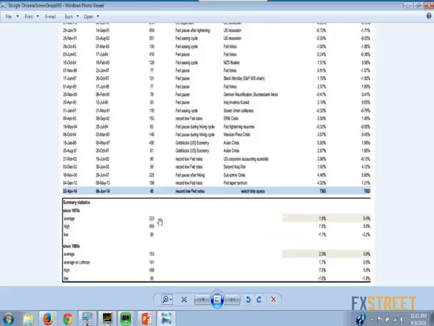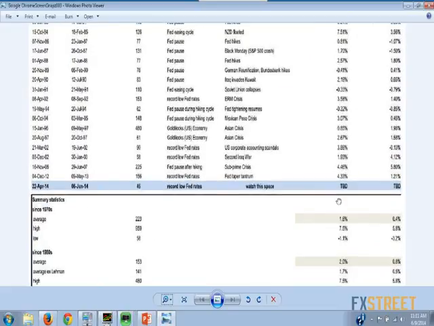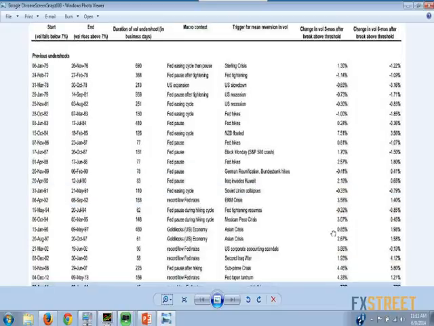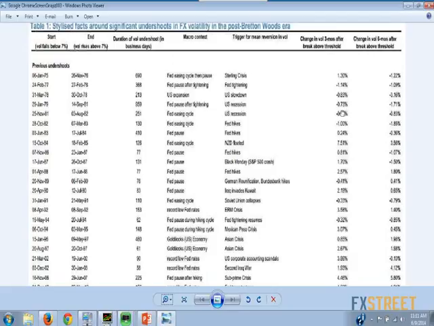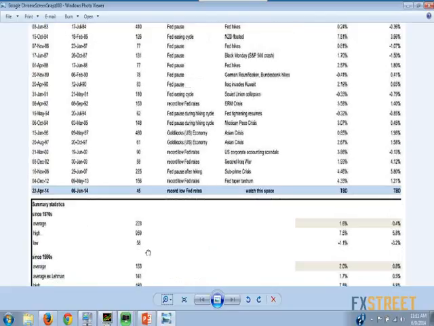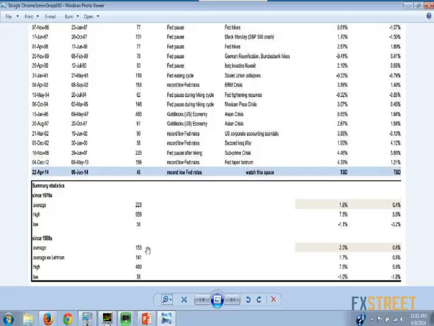Since the 1970s, the average period of time that a currency pair has been in a low vol environment, which is basically below 7%, is 223 days. Since the 1980s, it's been 153 days. So right now, we've been in a low volatility environment for only approximately 60 days.